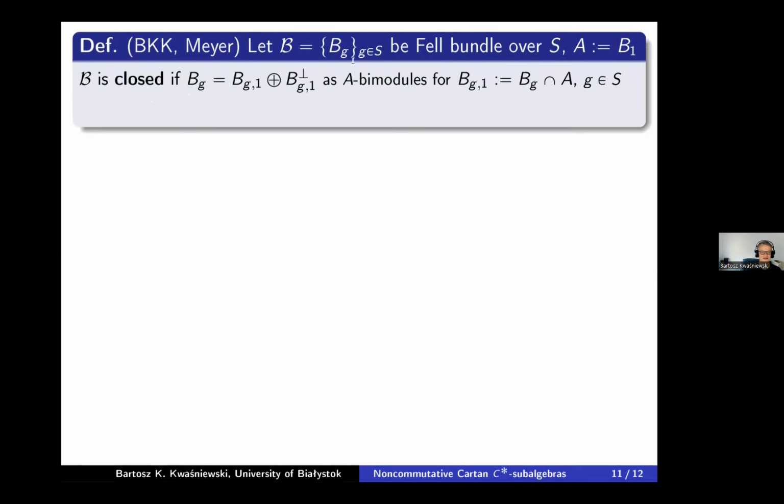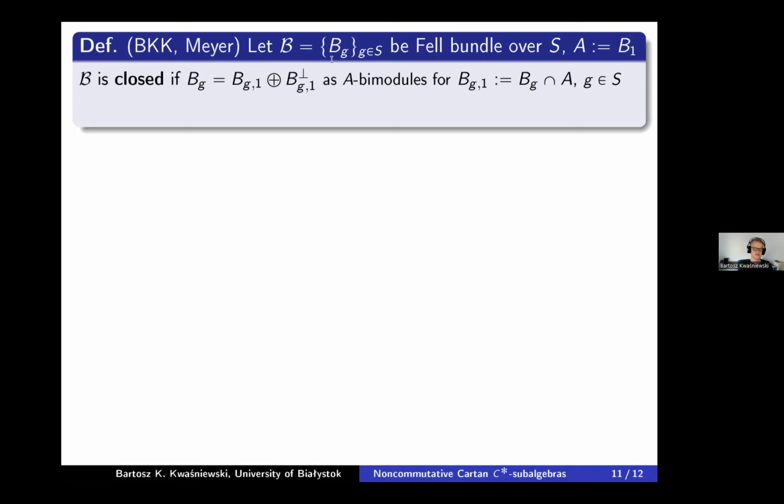If we treat this as a grading in the algebra, then we can intersect this B_g with A. This gives us a trivial A-bimodule, and the condition says that this B_g can be complemented by another A-bimodule. In general, this is not the case, so we need to impose it to get the conditional expectation. The conditional expectation then acts as follows: it takes an element of B_g and just cuts out this complemented part. This is how the conditional expectation can be defined.